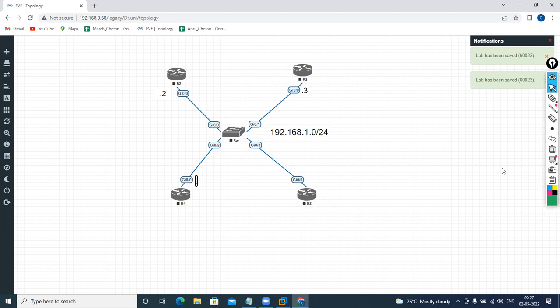Which one do you want to add? Why do you want a PC? Do you think a PC will participate in a DR BDR election? What loopbacks? Uh-huh.